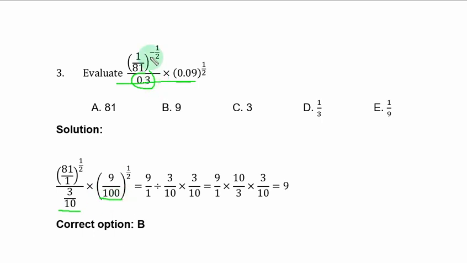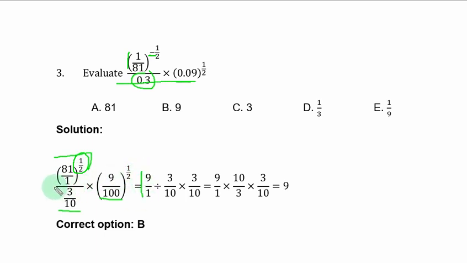As you are doing that, you also need to change negative power to positive. And because this is a fraction, if you interchange the position of the numerator and denominator, the power becomes positive in this form. Power of 1 over 2 means square root. So square root of 81 over 1, you have 9 over 1.